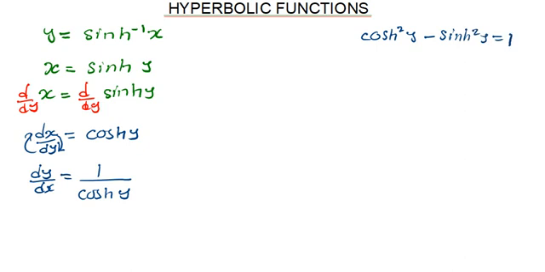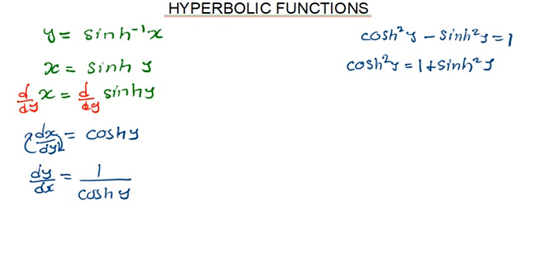So what we do here is that I have my cosine here, hence I just have to make the hyperbolic cosine the subject of the formula. Meaning I'm going to have hyperbolic cosine squared of y equal to 1 plus hyperbolic sine squared of y. What we need is the hyperbolic cosine of y, not hyperbolic cosine squared of y.